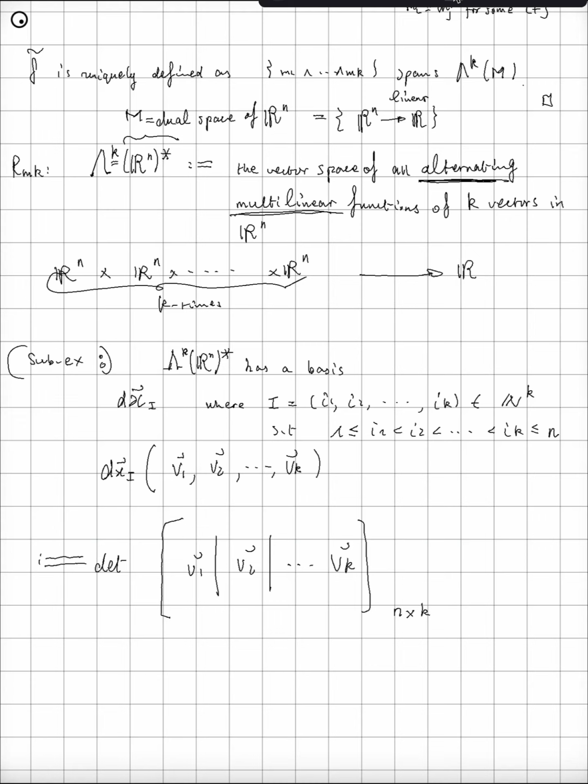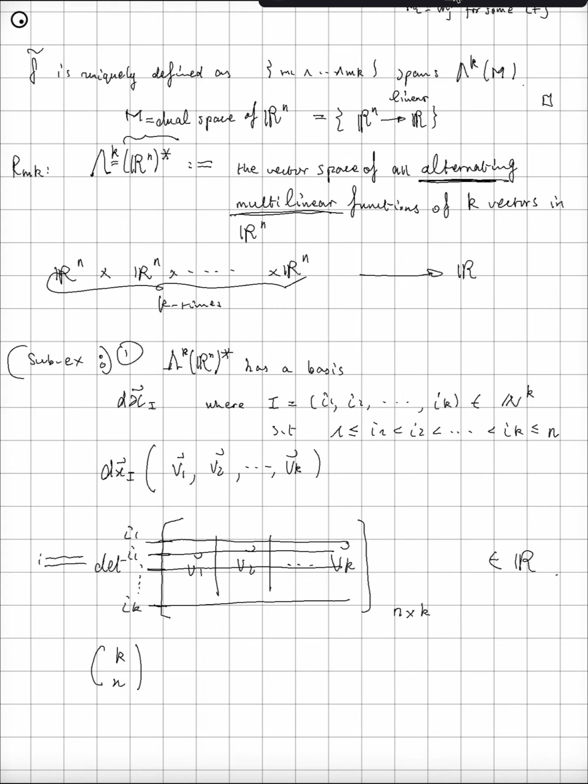What I'm going to do is pick the i1-th row, the i2-th row, and so on until the ik-th row. By doing that, you're picking out a k by k submatrix, and you compute its determinant. It gives you a real number. I want to show that these actually form a basis. In particular, as a corollary, this tells you that the cardinality of the basis is n choose k.